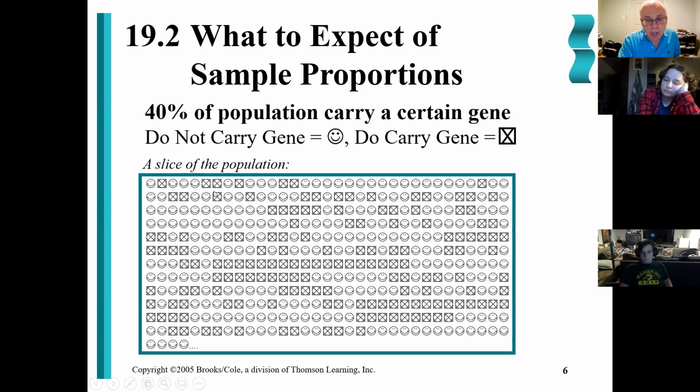And suppose this gene is not a good gene, you know, it leads to some disease or something. So if you don't carry the gene, you got a happy face, right? And if you do carry the gene, you got an X through the box here. So I guess it's a bad thing. So, you know, we have various people with happy faces. We have various people with these boxes. So some people carry the gene, some people don't.